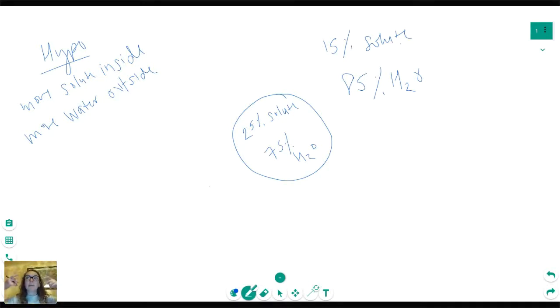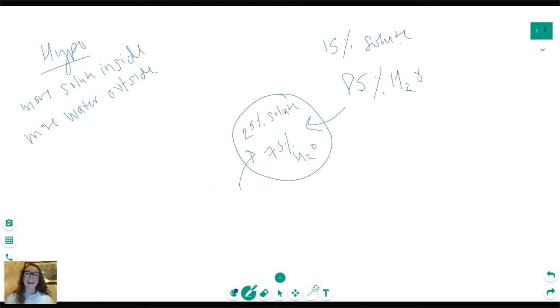So you would need to be able to say one of two things in your brain, okay? Water is going to move to where there's a higher concentration of solute, or you can draw yourself a picture and say, okay, if there's more solute inside of the cell, that means there's less water in that cell, and therefore water will move into that cell. Whatever way you need to think about it, water's following its concentration gradient, and that leads it to where there's a higher concentration of solute inside of the cell.